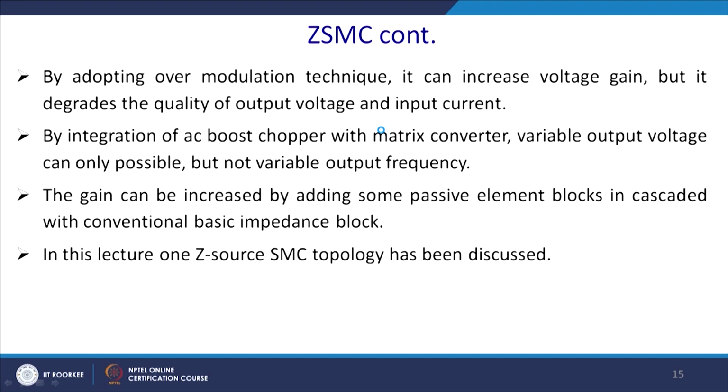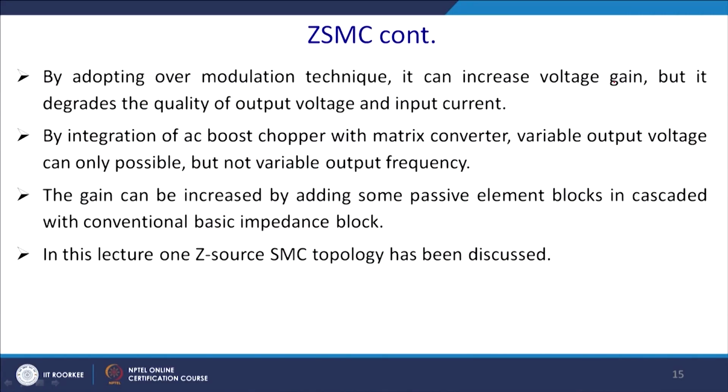By adopting an over modulation technique, like third harmonic injection and those techniques, the voltage gain can be increased, but it degrades the quality of the output voltage and the input current. So, THD will be the casualty there, and also you do not get much boosting.